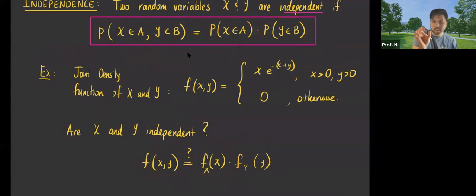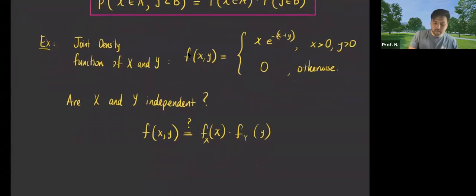That's what it means to be independent. It means that the probability density functions, the cumulative distribution function, if you have a joint distribution, you should be able to have one individually, separately, and if you multiply them, you should get the joint distribution. That's what it means to be independent, mathematically speaking.